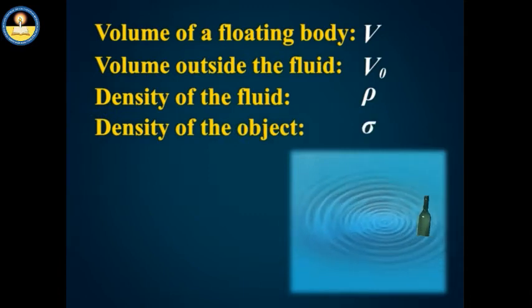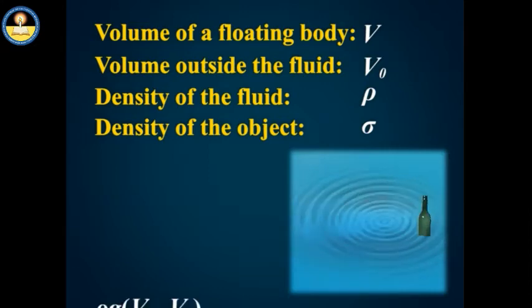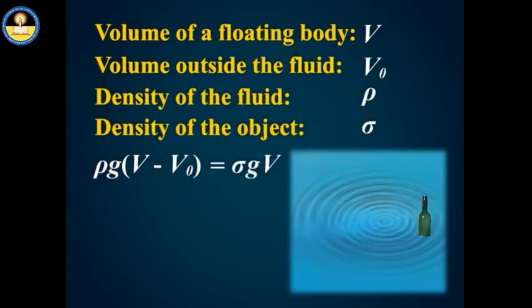For the object to float, the weight of the fluid displaced by the submerged part, that is ρg(V − V0), must be equal to the weight of the body, which is σgV. And the submerged volume, V − V0, comes out to be the product of the volume of the body and the relative density of the body with respect to the fluid.